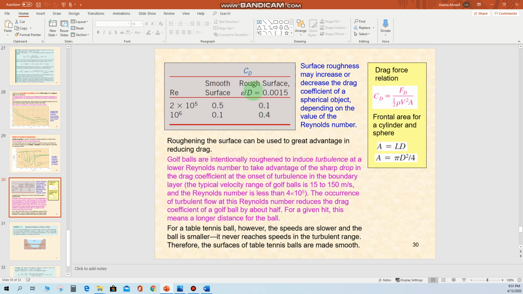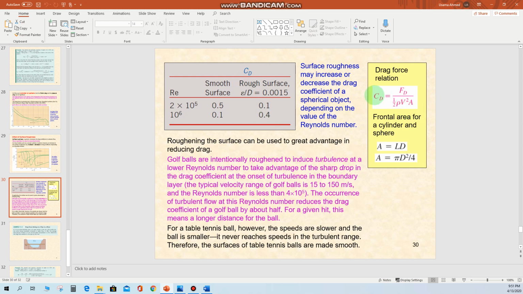So if we make the body more rough, we can have a lower drag coefficient, but at values higher than the critical Reynolds number, when we have a high surface roughness, we can have a high drag coefficient.